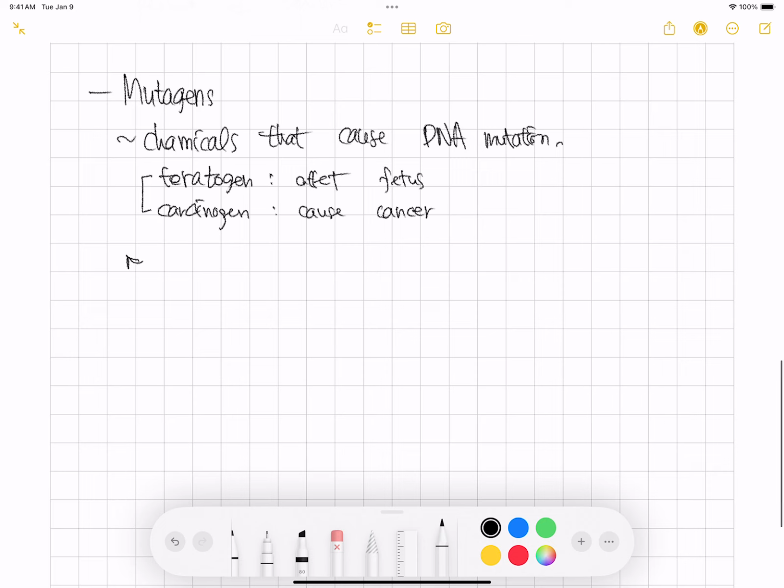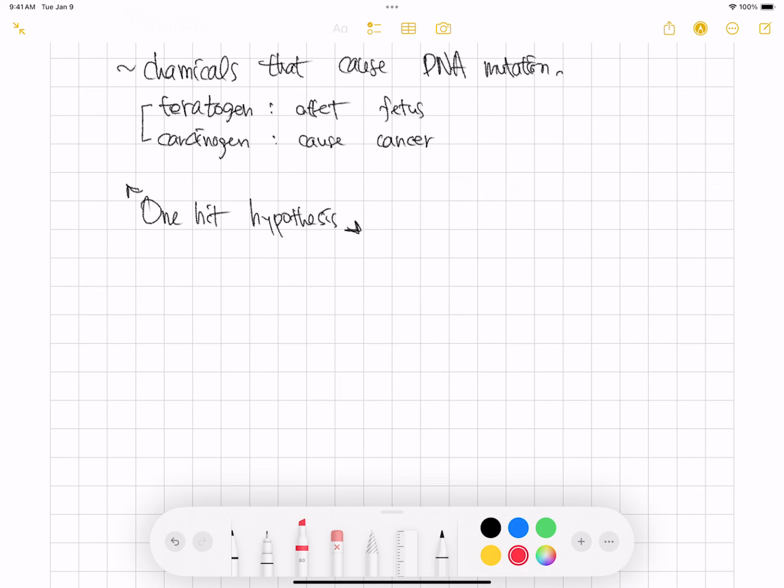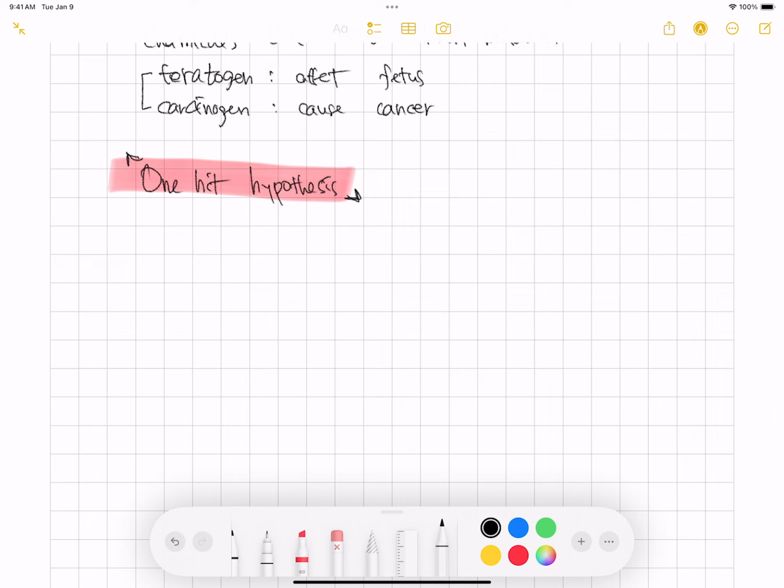And there is this one hit theory, the one hit hypothesis, about carcinogens or mutagens. It is very important, and it is something I talked about in the first lecture.